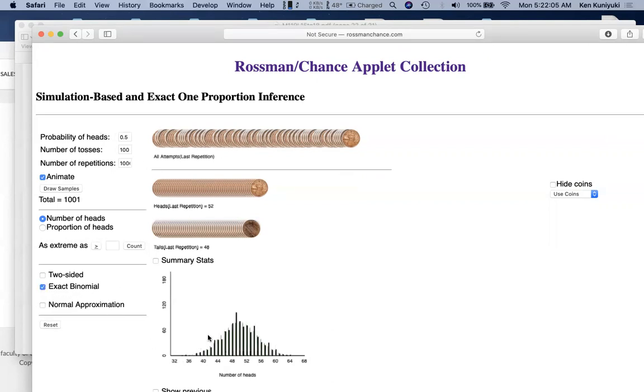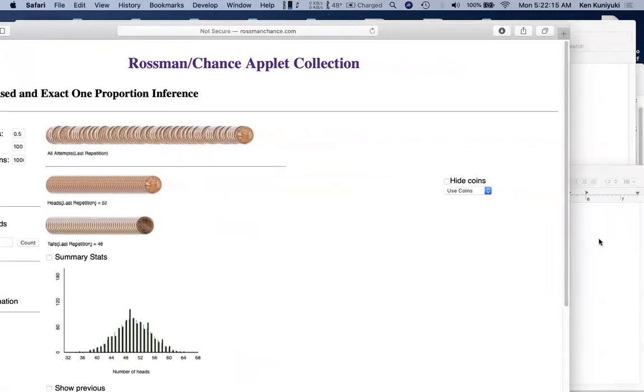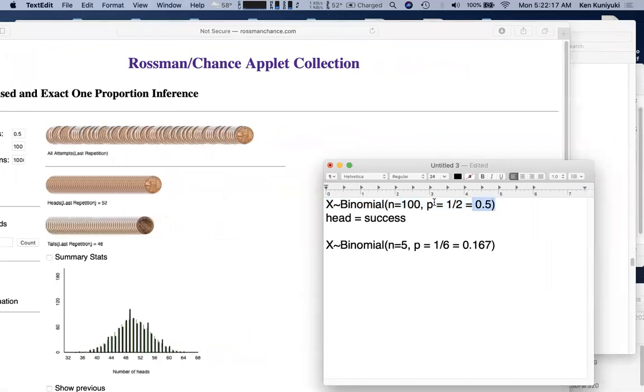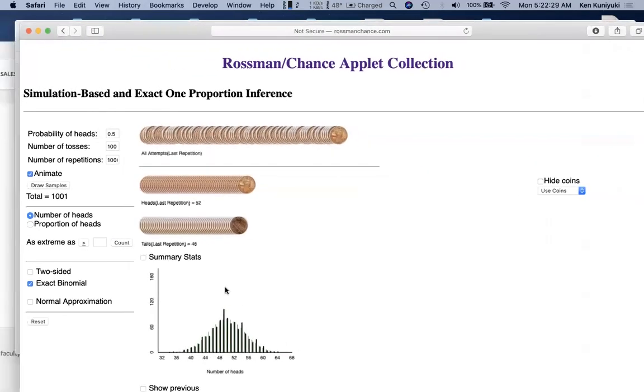It predicts what's in green, which is a pretty close model for what we actually see in our simulation. This green histogram is given to us by a binomial distribution where n equals 100 and p equals 0.5. That's the ideal theoretical distribution in green.